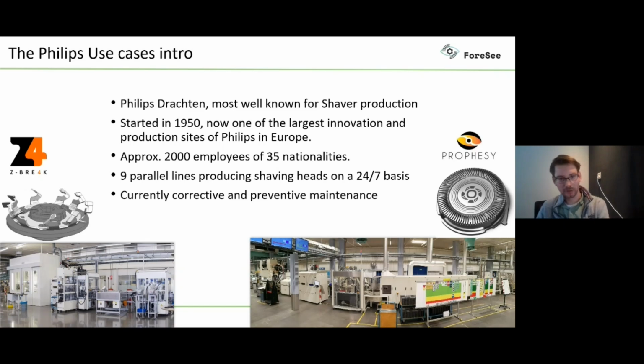We have approximately 2,000 employees of 35 nationalities. On the left, we have the Z-BRE4K use case. I will bring it to you in more detail, but it's about a cutter on this line on the left, and the Prophesy use case is on the right. It's about cold forming of a cap.